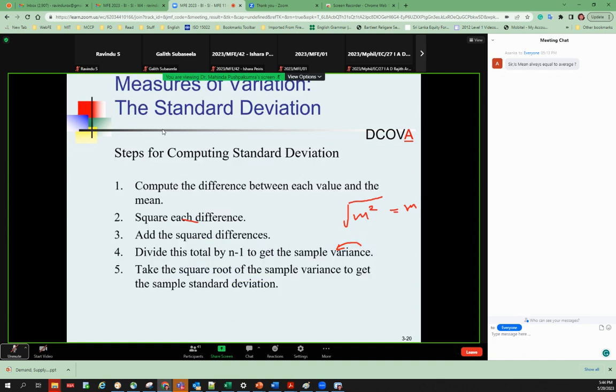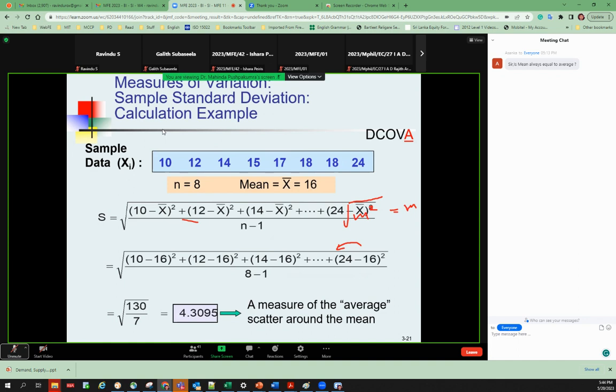These are the steps you have to follow to calculate standard deviation. This example shows them. Please go through this simple example and check whether you can get the same answer.